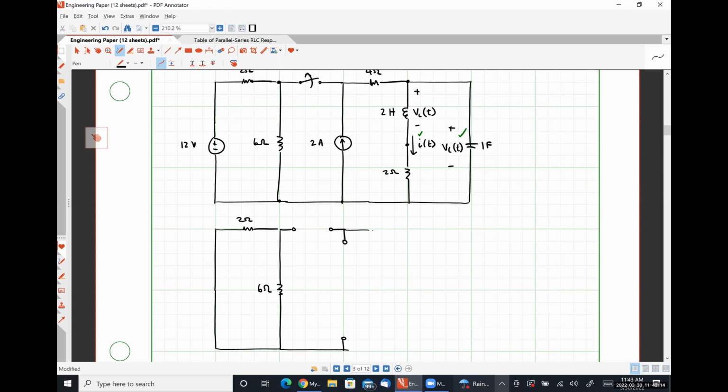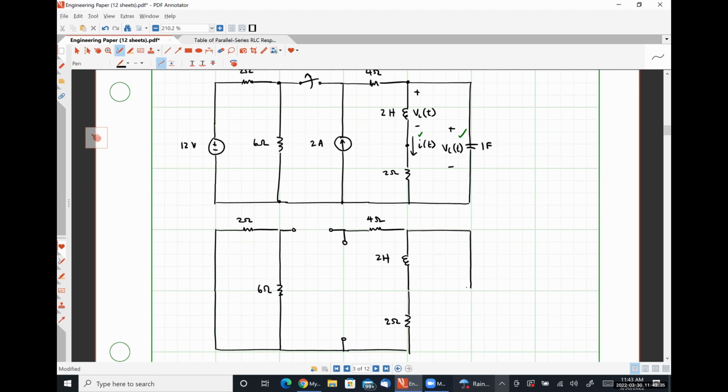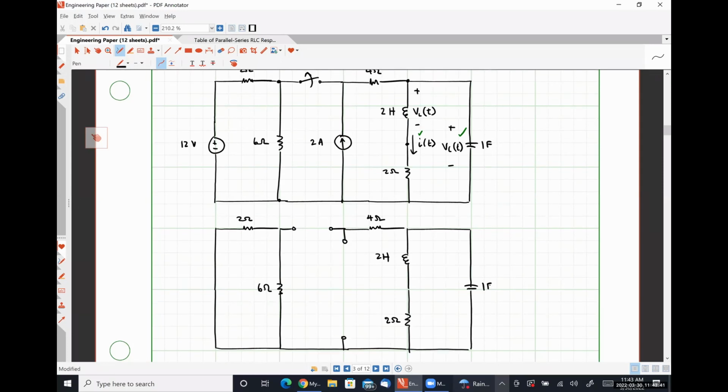Then we have our 4 ohm resistor, our 2 Henry inductor, our 2 ohm resistor, and our 1 farad capacitor.